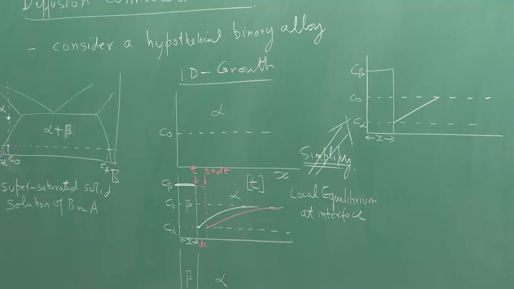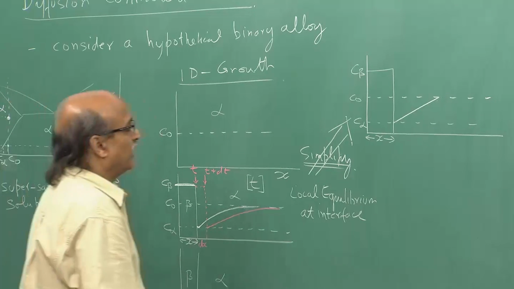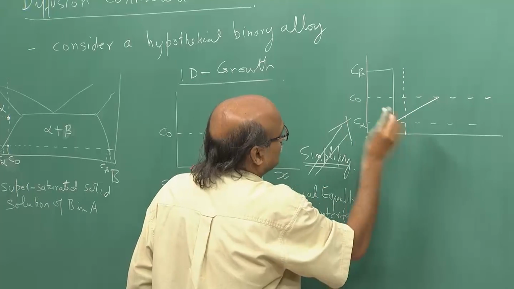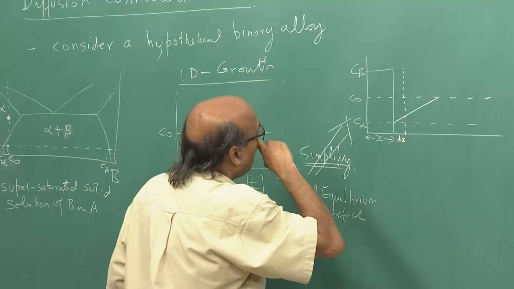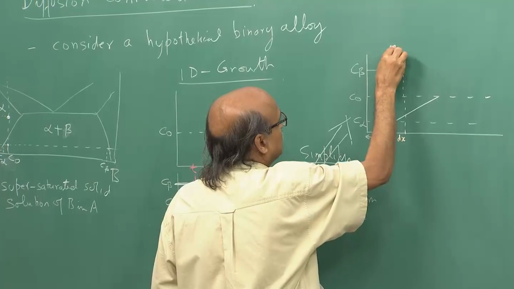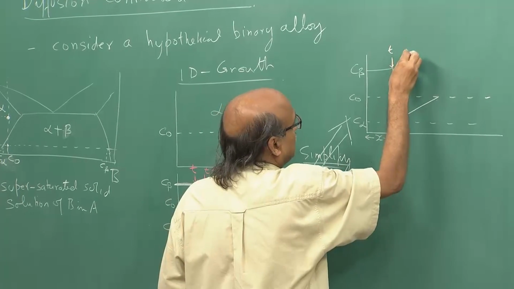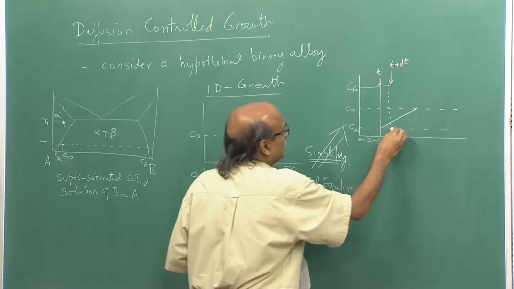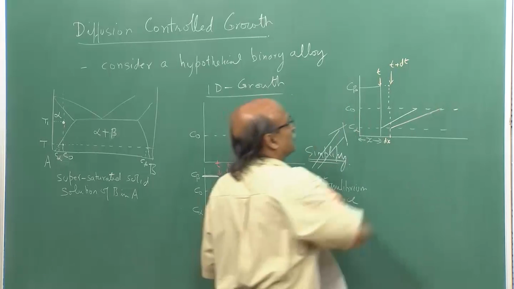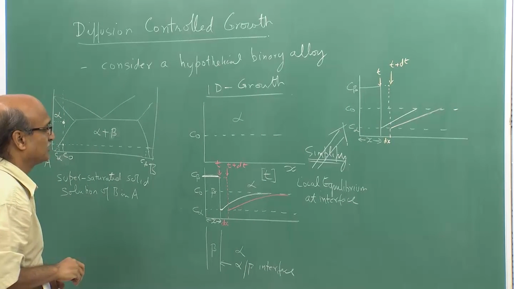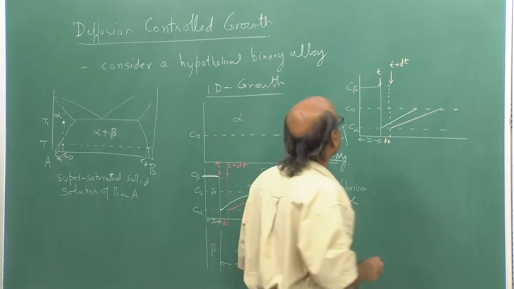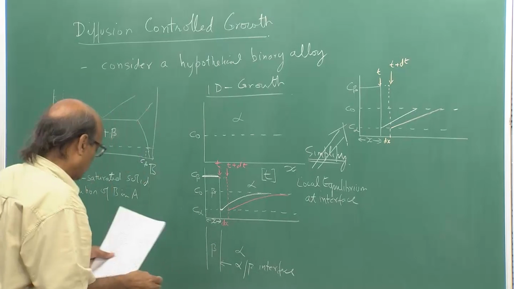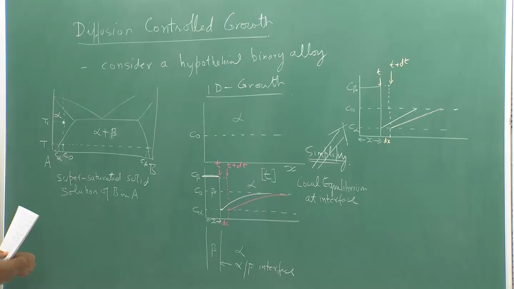And after time dt the interface moves by a distance dx, so at time t the interface is here, at time t plus dt the interface has moved by a distance dx, the profile becomes something like this, and that way the interface will keep moving. Now, what is our objective here?